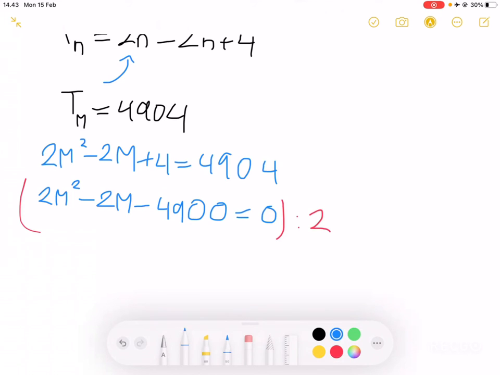So on the left hand side, we can first factor out a 2 and then divide by 2, so the 2 will cancel out. So we're left with m squared minus m minus 2450, and actually the 2 will be gone on here, sorry. It's equal to 0 divided by 2, which is just 0.